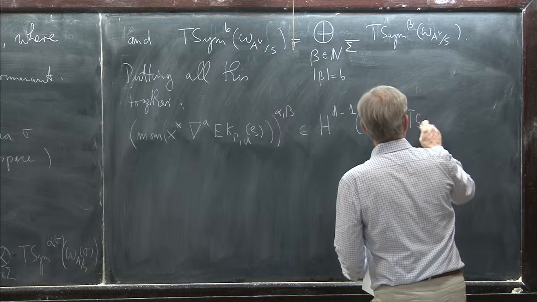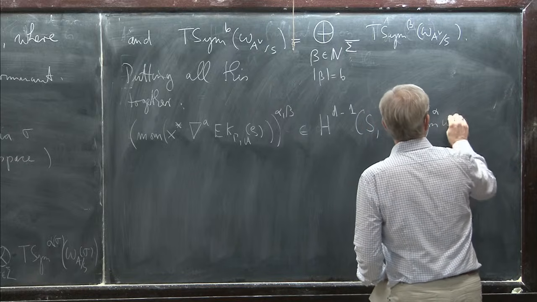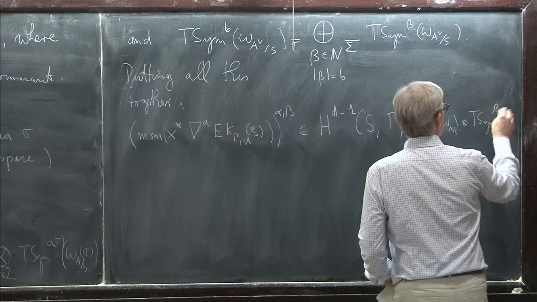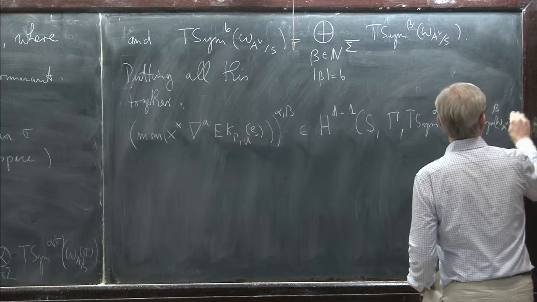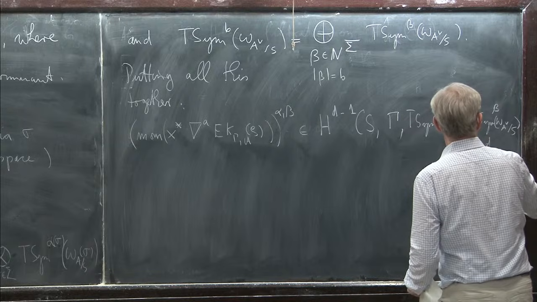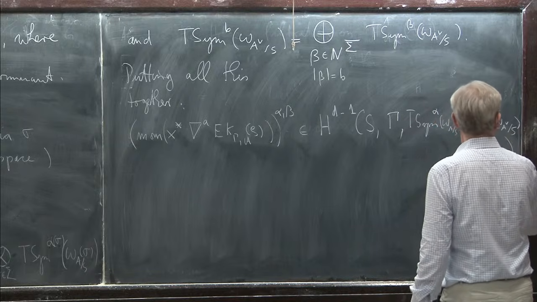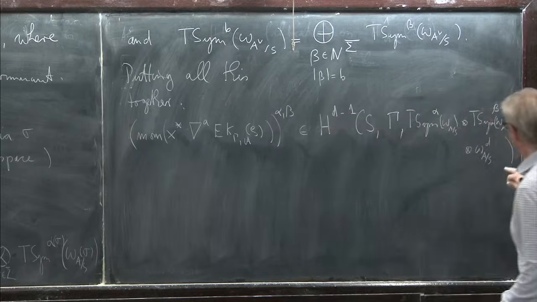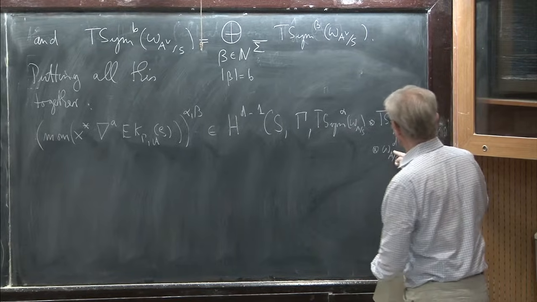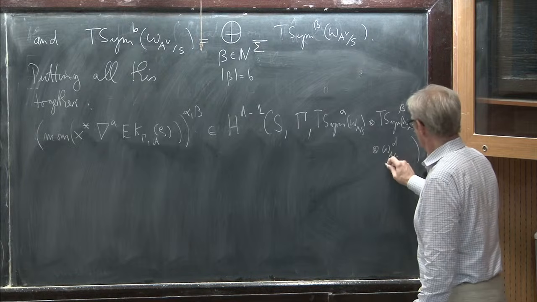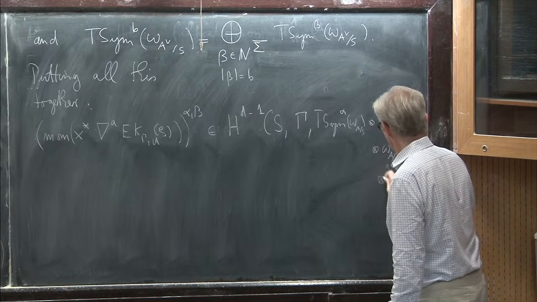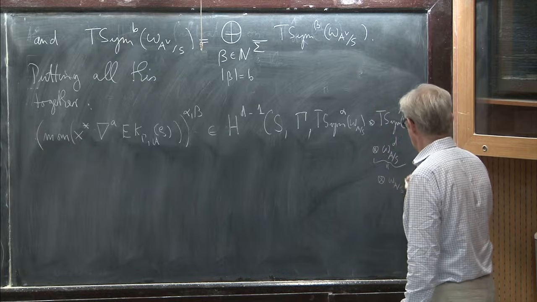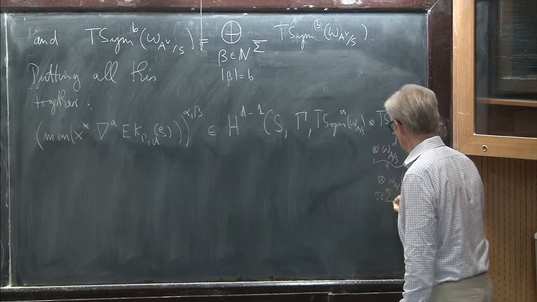And it sits here in T sim alpha omega AS tensor T sim beta omega A dual over S tensor omega D AS. And in fact, I can identify this, and maybe I will do this. So this here is just the tensor product of the omega A S sigma, where sigma runs over sigma.